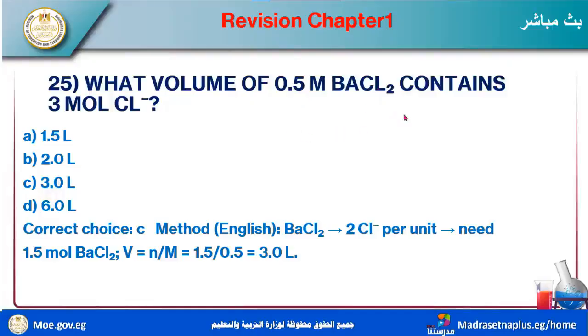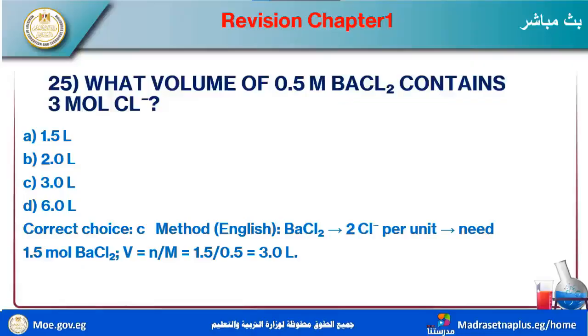Now we have 1.5 moles of BaCl2. Why? Because you have 3 moles of Cl⁻, and according to the ratio between Ba and 2Cl, 1 to 2, if you have 3 here, then barium is 1.5.